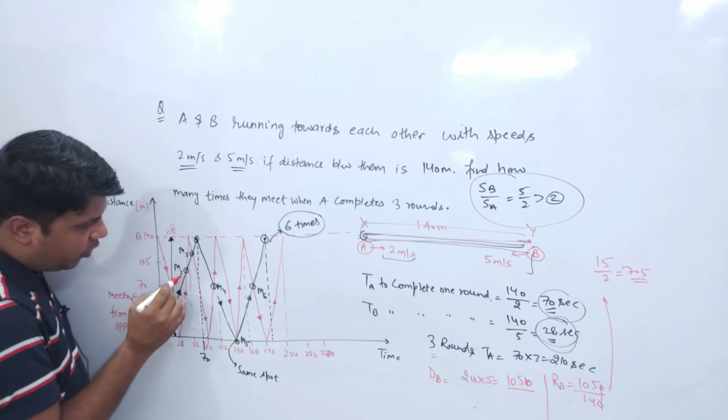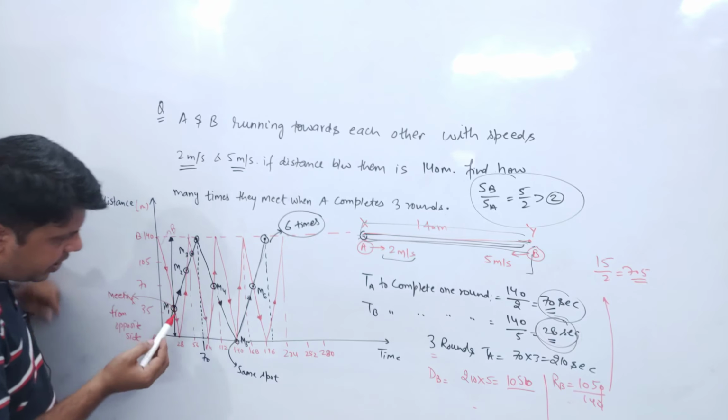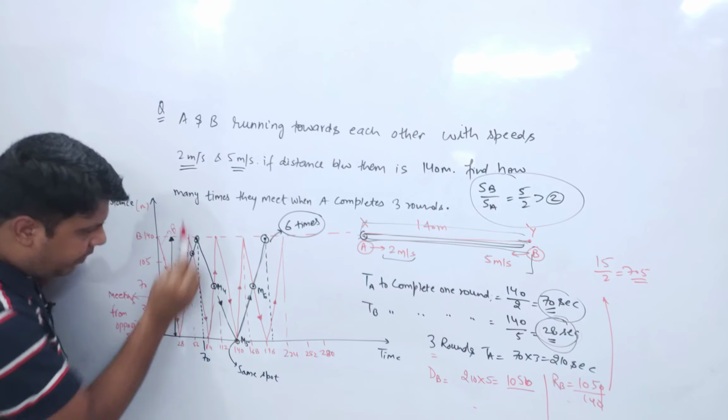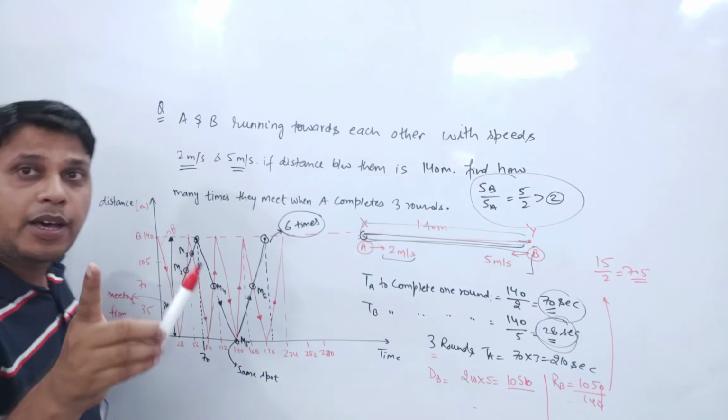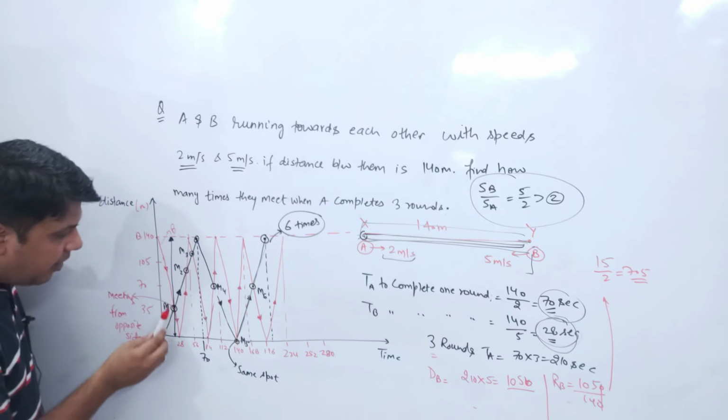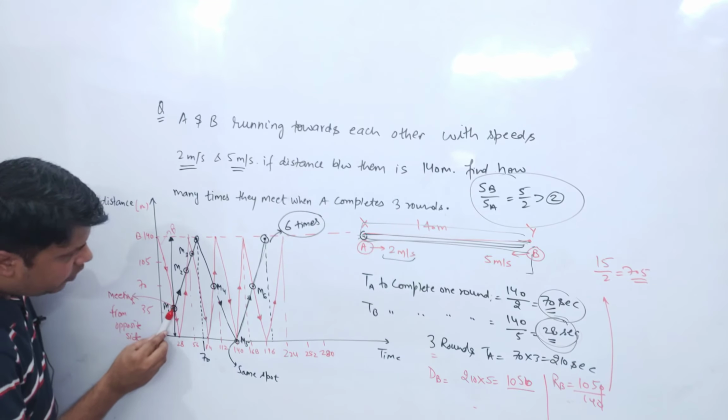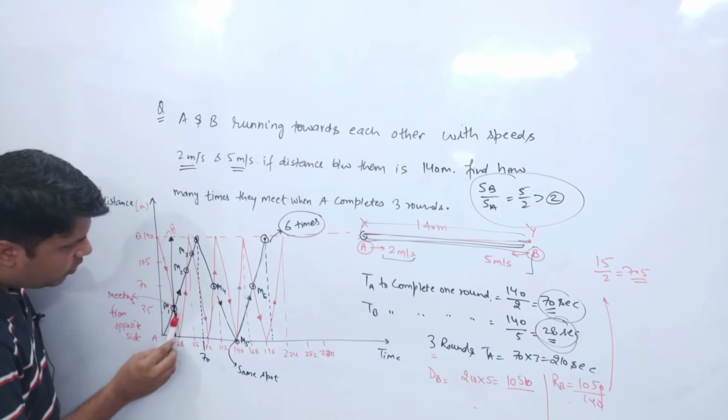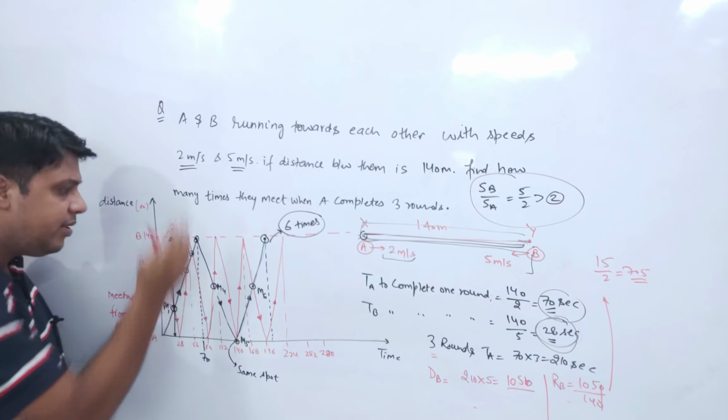Similarly, second meeting, just try to understand. A is in the same direction, B is also moving in the same direction. Are you getting it? So they are in the same direction.